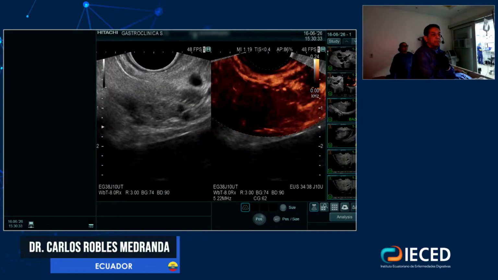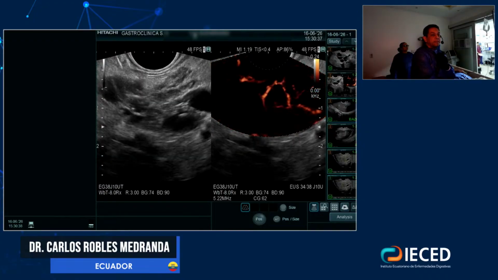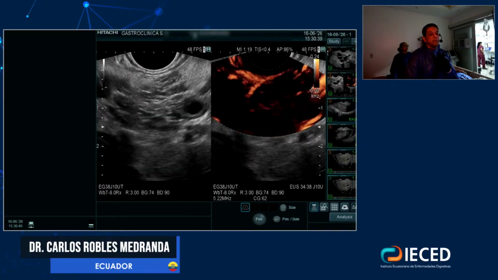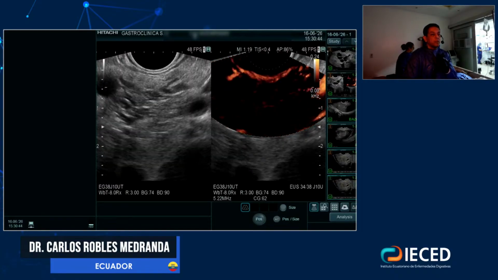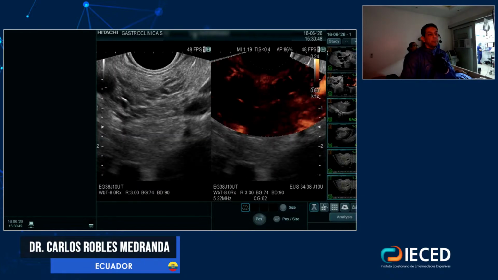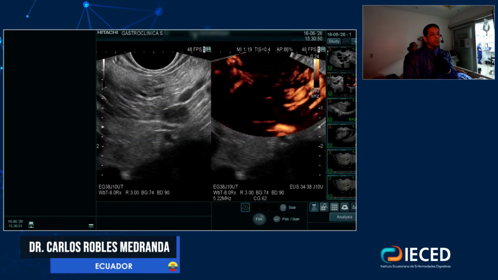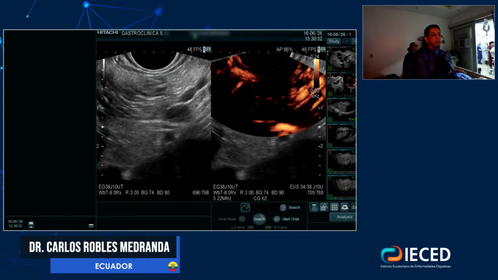So it's very subjective to say yes, you have, or no, you don't have. But you can see very well a lot of microvascularization over the cystic lesion. It looks like grapes, you see? The shape is like a grape, right? You see here, right? Very good.